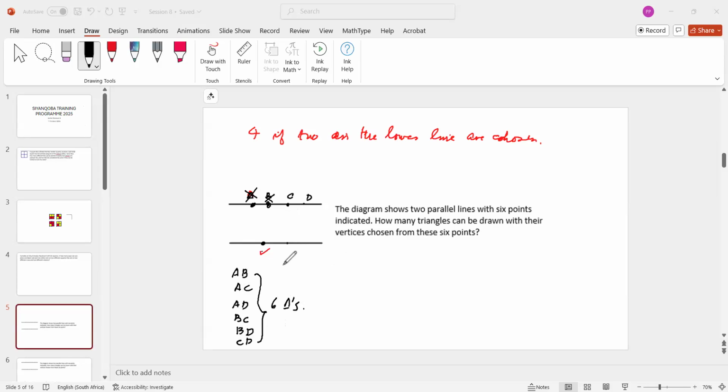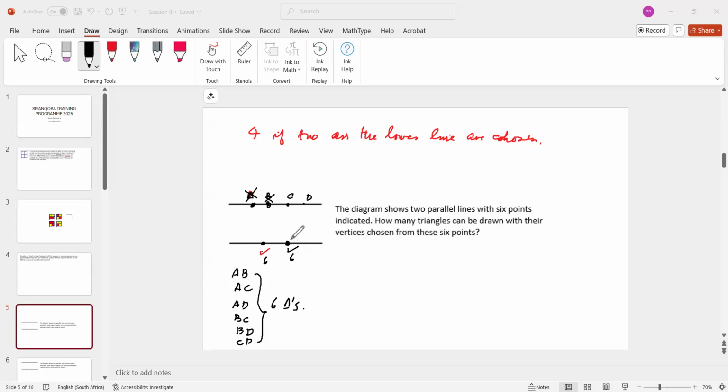Now, I could have chosen this other vertex, and that'll give me another 6. So there's 6 for this vertex, and another 6 for that vertex.